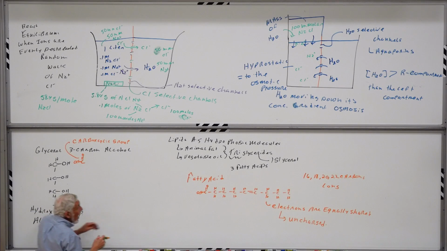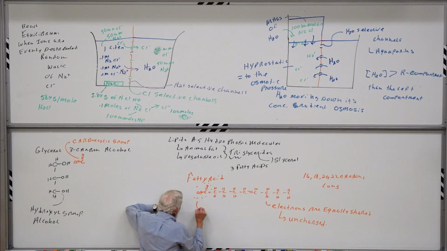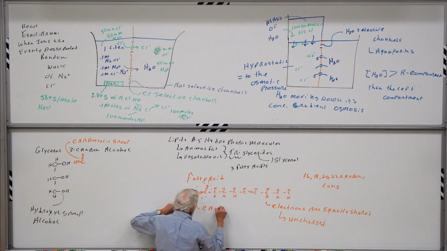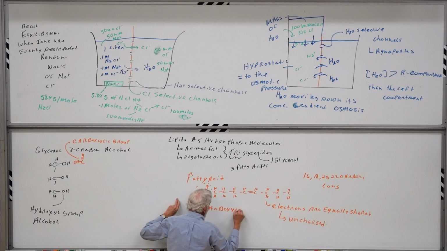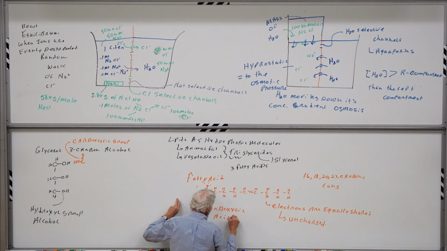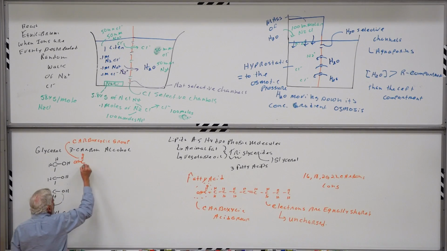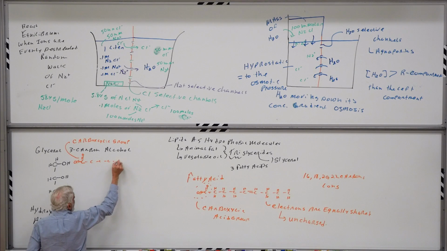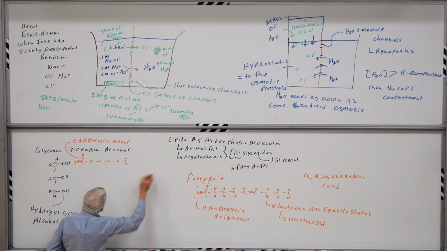That's the reason we have fatty acids, because of this carboxylic acid group. Now again, we'll just put a bunch of carbons out here. I won't go into all the details of the hydrogens and all that, but we have this long string of carbons.